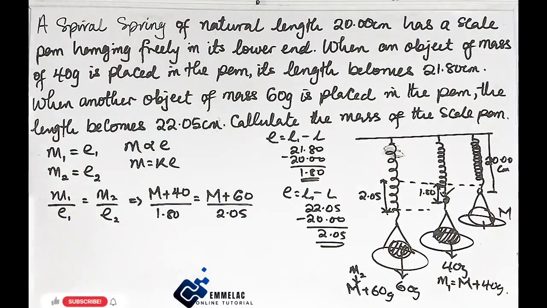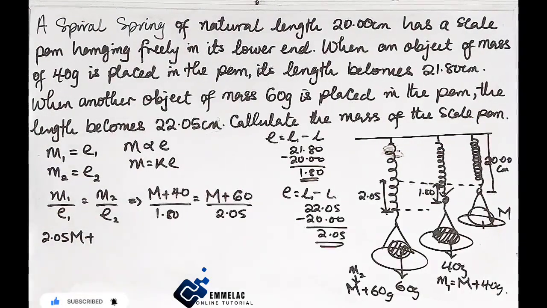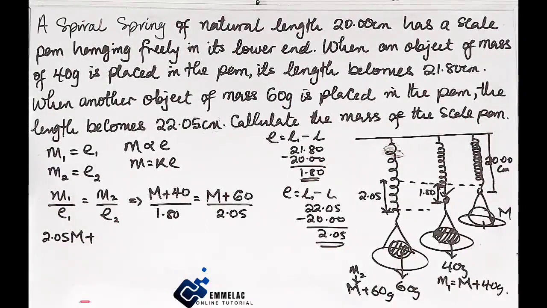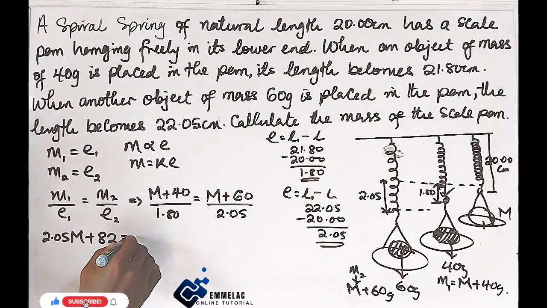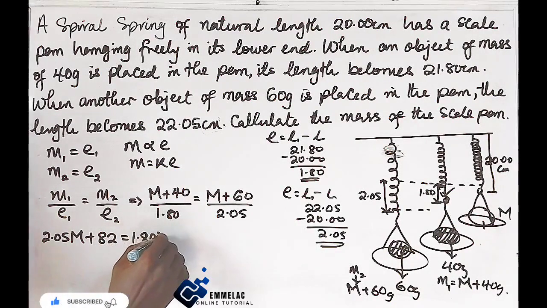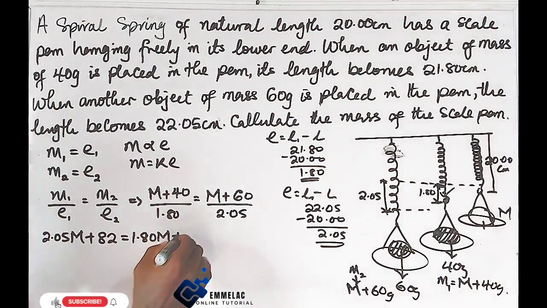Now if we cross multiply, we have 2.05 M plus 40 times 2.05, which gives us 82, equals 1.80 M plus 60 times 1.80, which gives us 108.